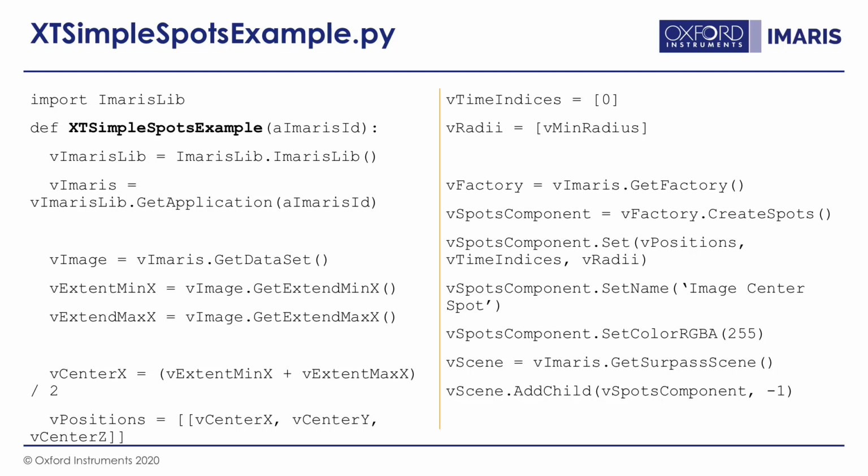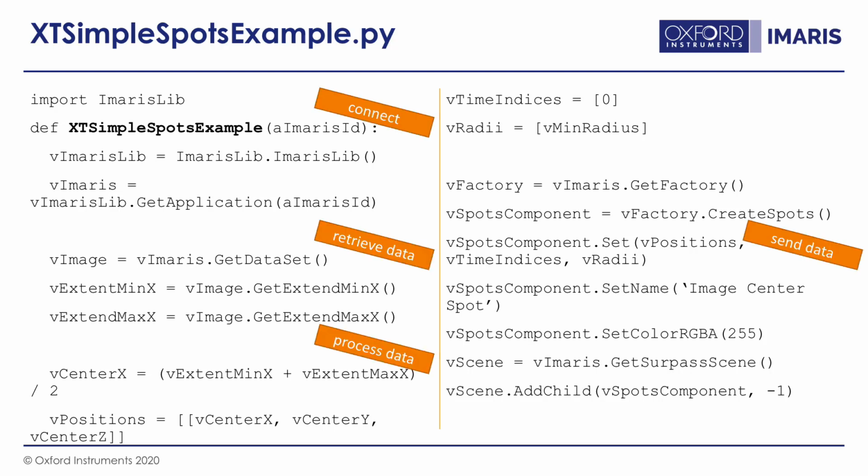Now this is, you could say, a stupid example, a very simple example that doesn't really add much value to Imaris, but it still shows the different steps that typically every application, every extension has. So at the beginning, we have a connect where we connect our extension to Imaris.